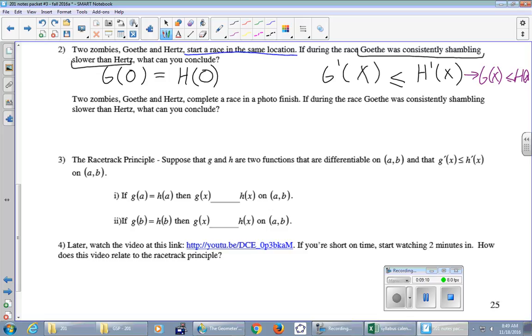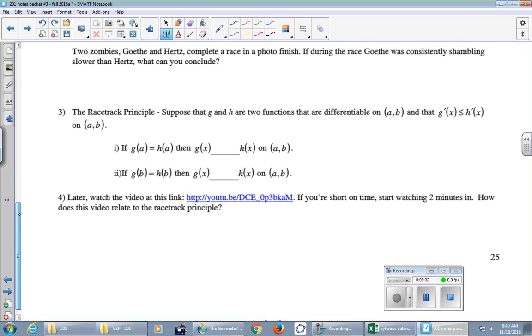Because we know that they finish at the same time, same spot, but Goethe was running slower the entire time, which means that Goethe must have been winning the entire time in order to have been equal at the finish line. And so same idea as before, but in this case, instead of saying that their starting positions are the same, it's the ending positions are the same.